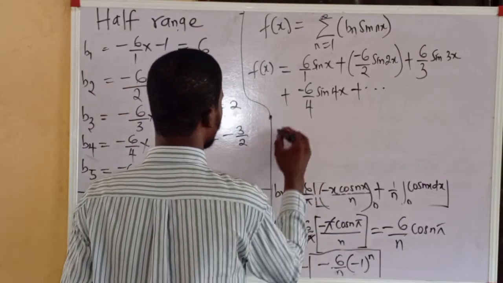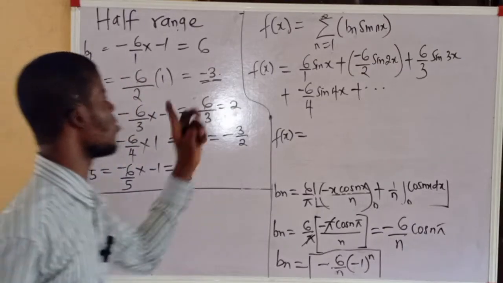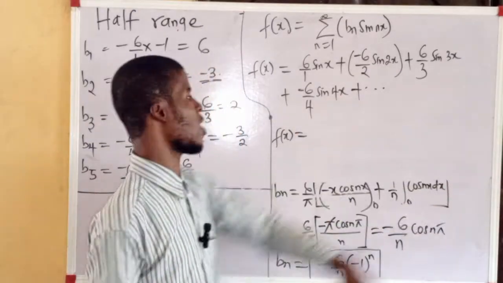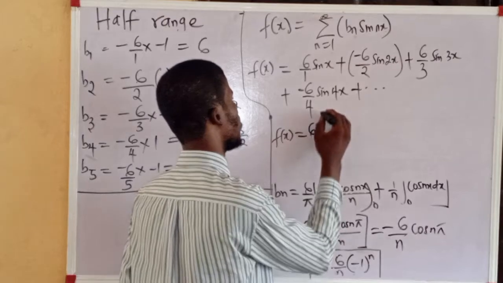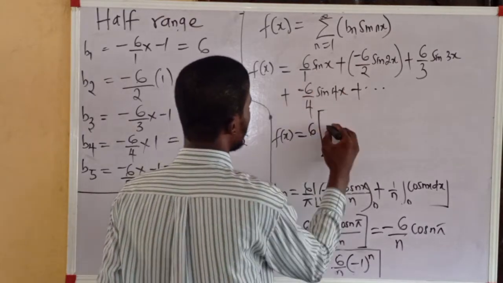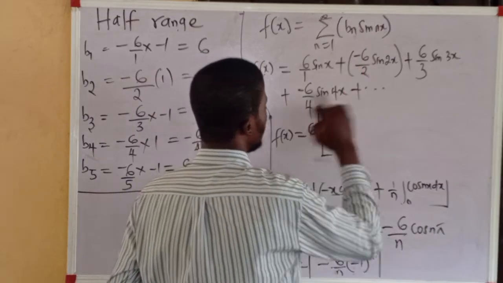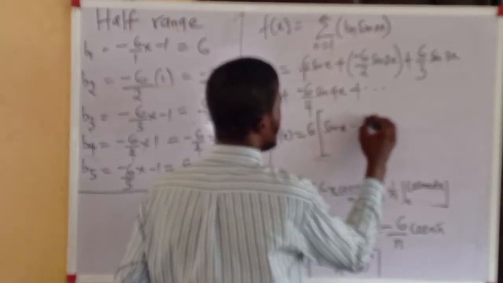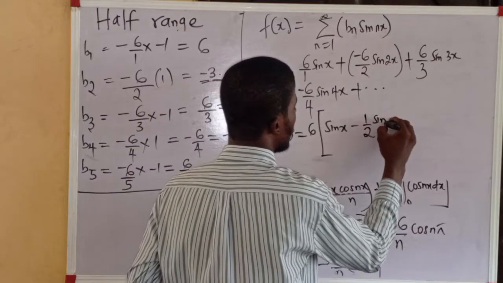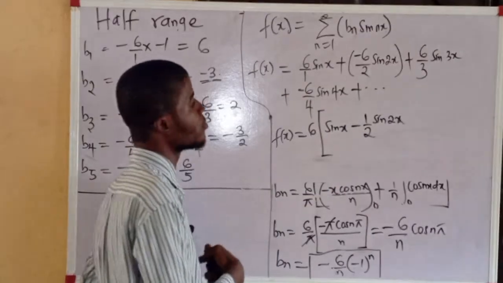So f of x will be equal to 6 is common all through, so I can bring 6 out. Open a bracket. What's here now? Sine x. Then we're having minus 1 over 2 sine 2x. Remember, the 6 is out already.